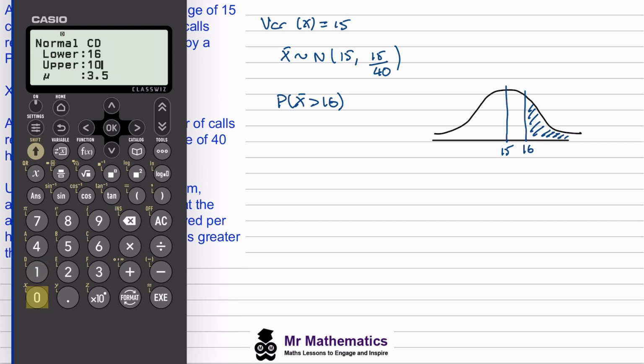So I'm going to enter 100. The mean is 15, and the standard deviation is the square root of variance, which is 15 divided by 40. We'll execute that, and we're told that the probability of the sample mean being greater than 16 is 0.0512 to 4dp. Okay?